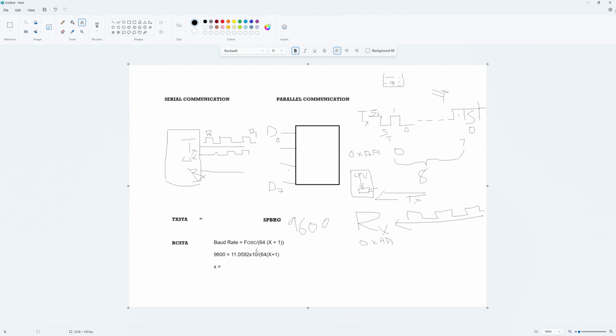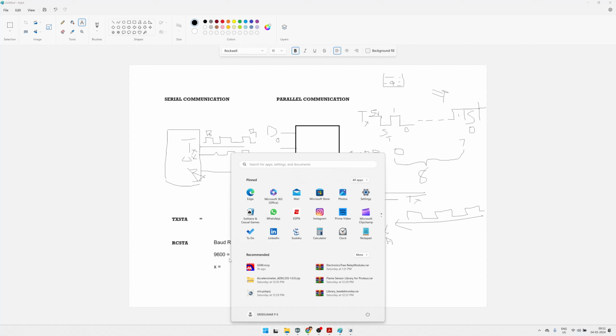Now x equals 11.0592 into 10 raised to 6 divided by 9600, whole divided by 64, minus 1. So I am just opening my calculator.